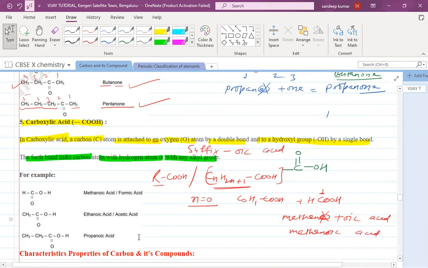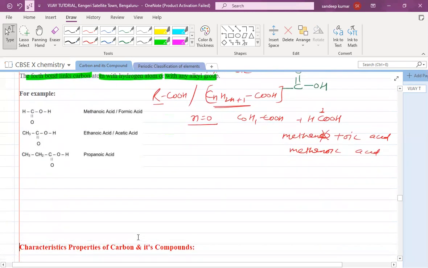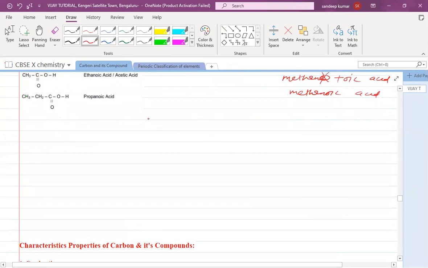Similarly, let's take a few more examples. As the formula is CnH2n+1COOH, if you put n equal to 1 here, C1 H2 into 1 plus 1 COOH, this is CH3COOH, right?